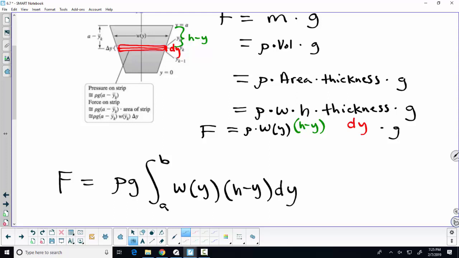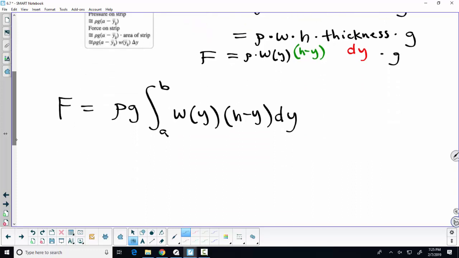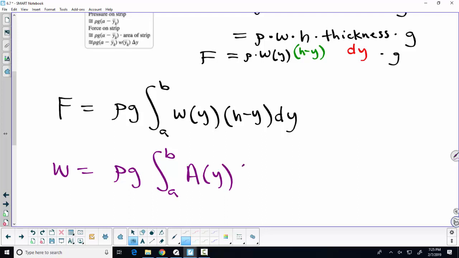And I think when we see this formula and compare that to the work formula, it might make it easier for us when we're dealing with these problems to know what we actually need to find, because they're virtually the same thing. Work was density times gravity from A to B of A of y, h minus y dy.